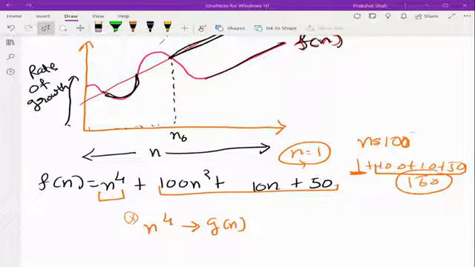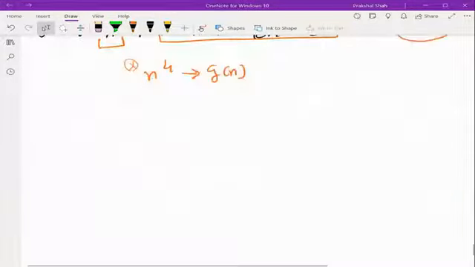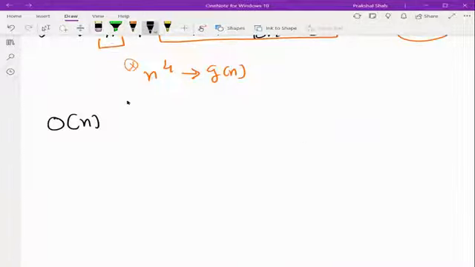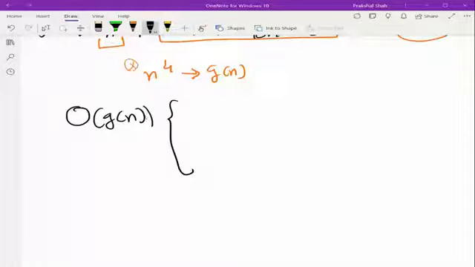Now if we want to see the broader picture, I told you that the order of g of n, O of g of n, was my function of n.